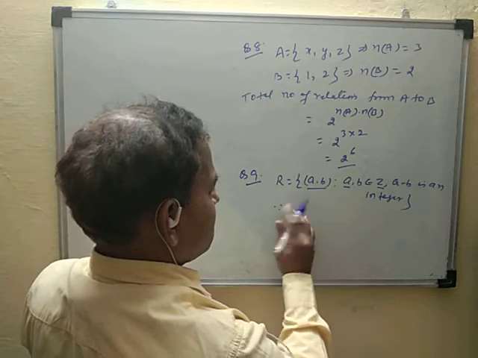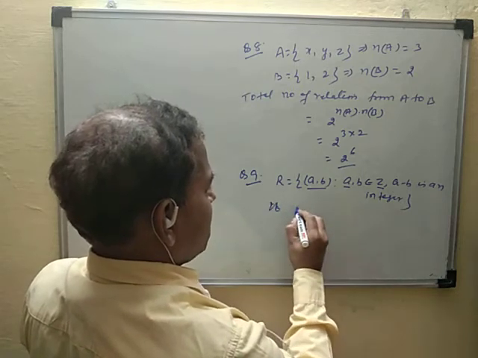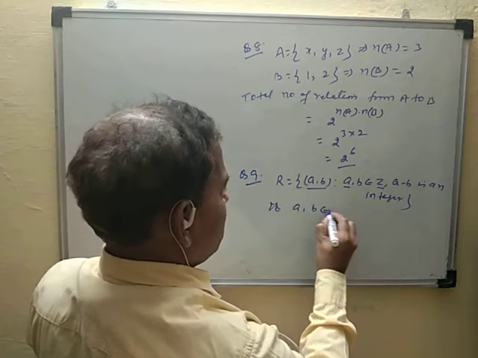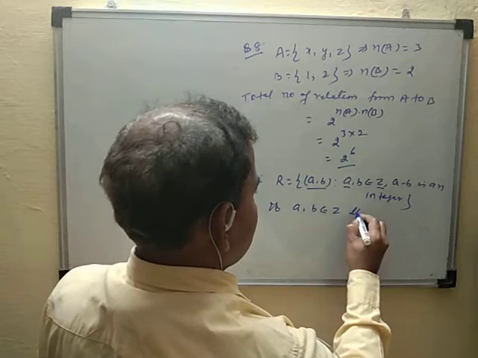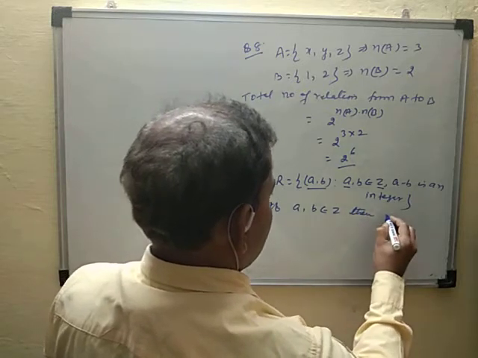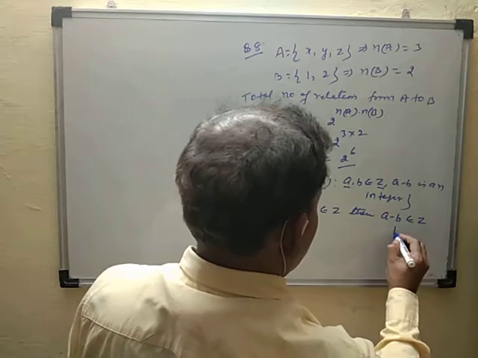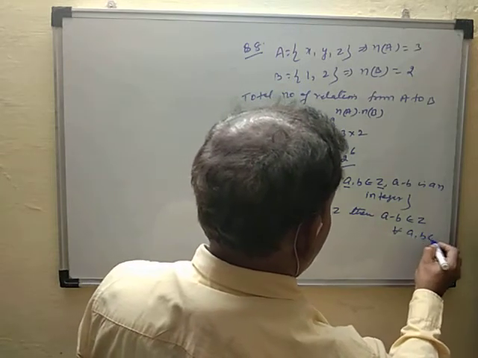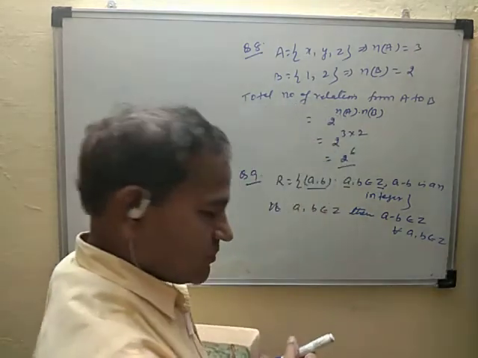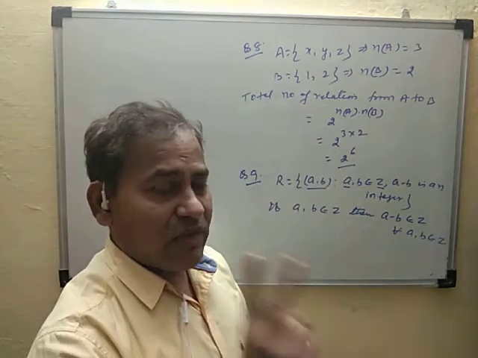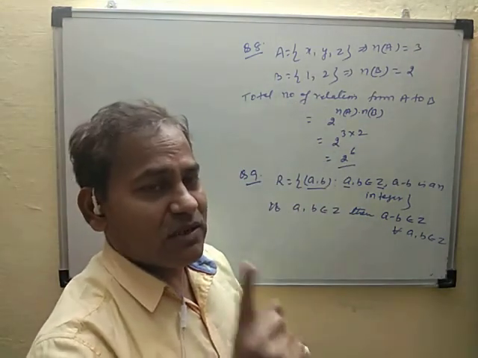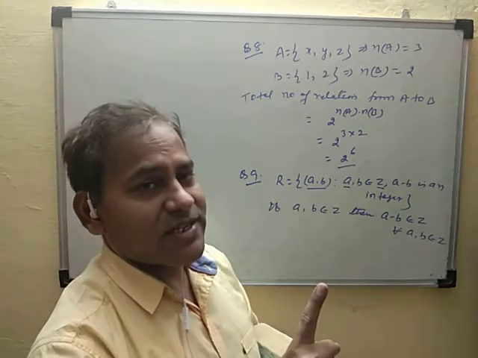If a, b belong to Z, then a minus b also belongs to Z, for all a, b in Z. For every two integers, their difference is also an integer.